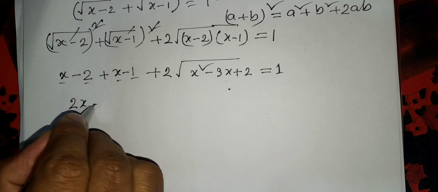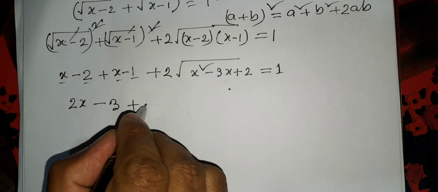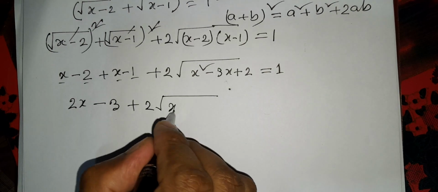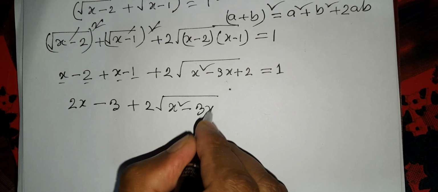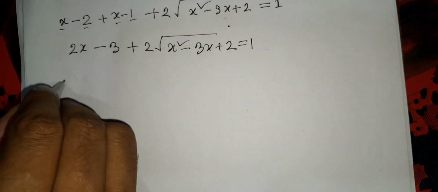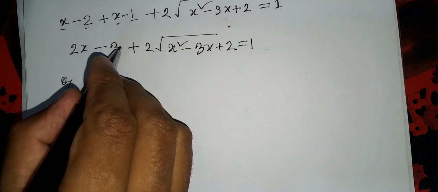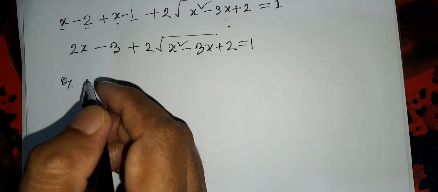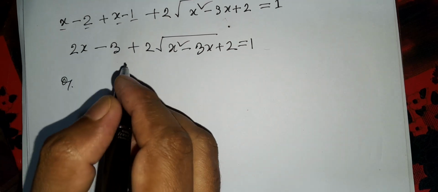So we can write 2x minus 3 plus 2 root over x square minus 3x plus 2 equal to 1. We transfer 2x and minus 3 from the left side to the right side.